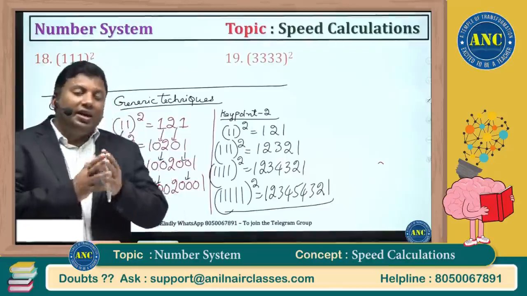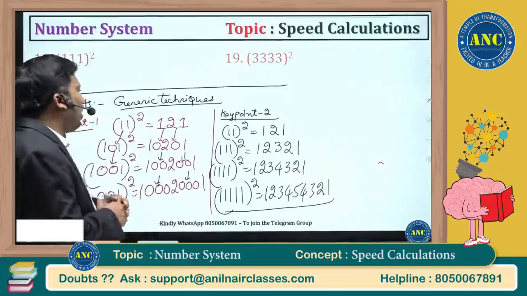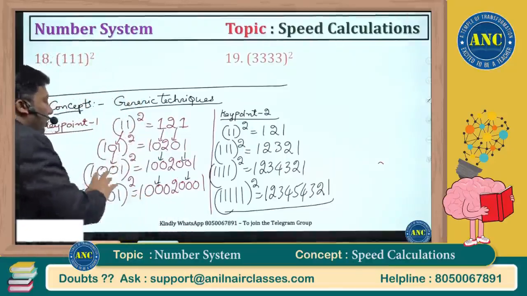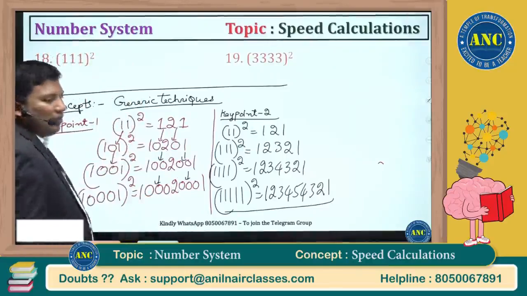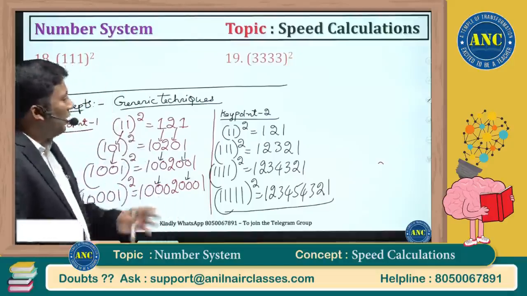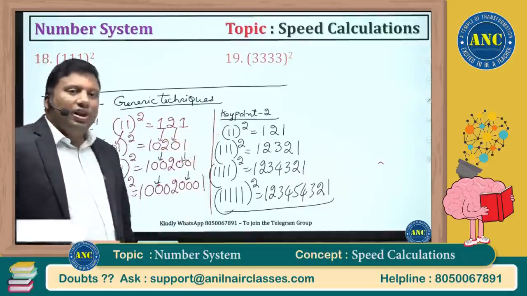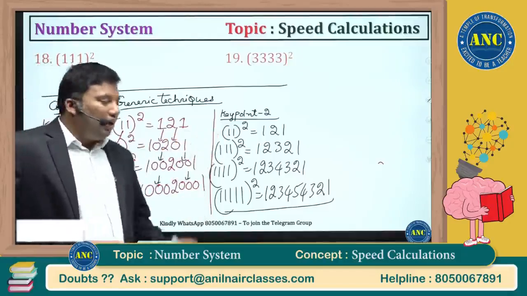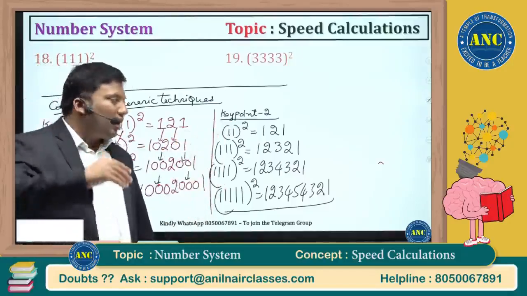So these are generic techniques for numbers which have ones. 11 square is 121. 101 square is 10201. 11 square is 121. 3 ones are there, so 1, 2, 3, 2, 1. Go up to 3 and come back to 1.